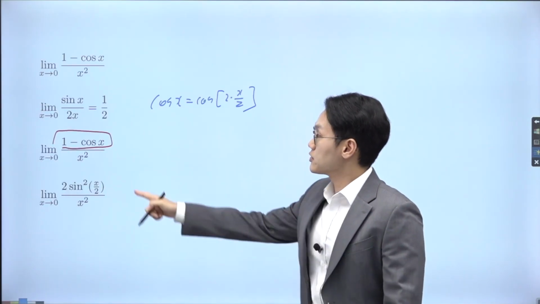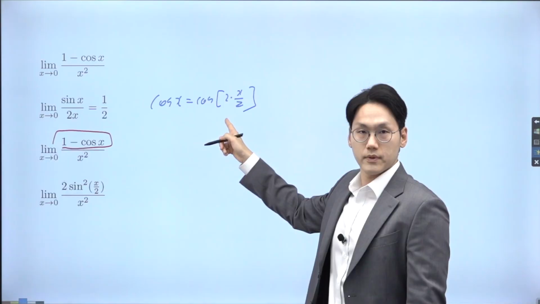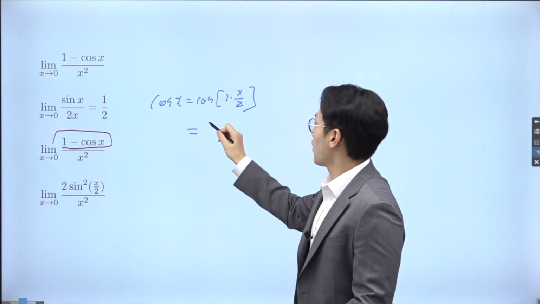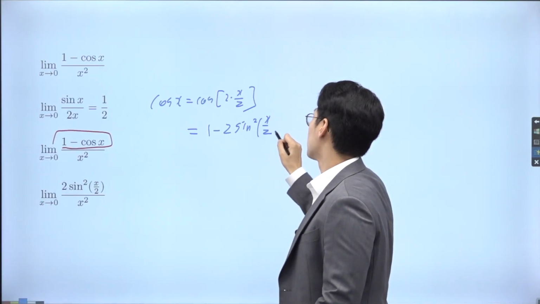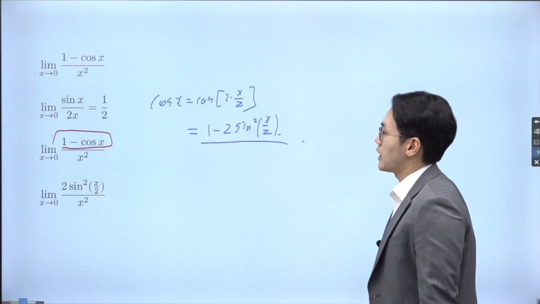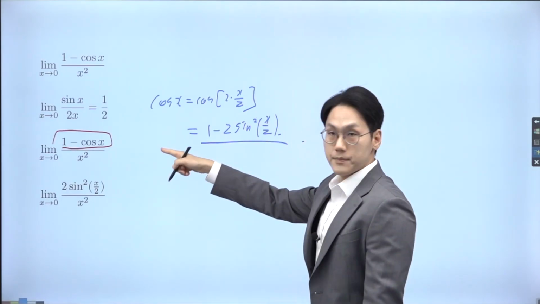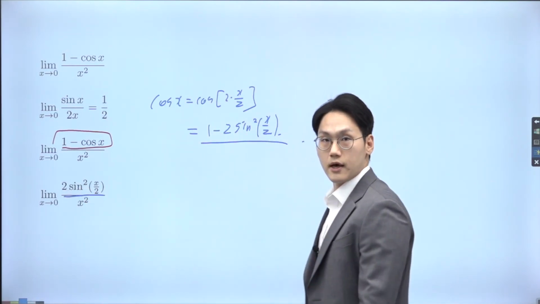And here I'm going to subtract the cosine from 1, so I really want to get the positive 1 from there. To do so, I will use 1 minus 2 sine squared x over 2, which is one of the double-angle formulas of the cosine. If you subtract, the 1 cancels out, the negative 2 becomes a double negative, so I got the positive 2 sine squared x over 2. I'm very happy with that.